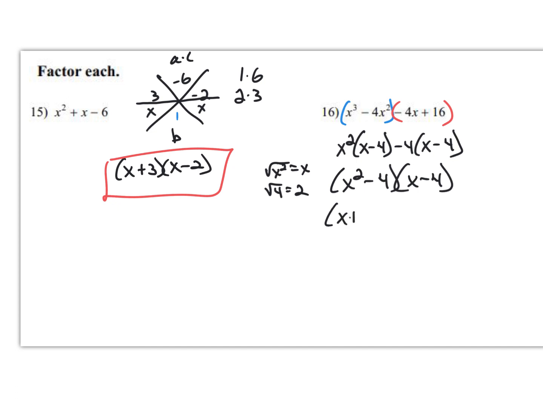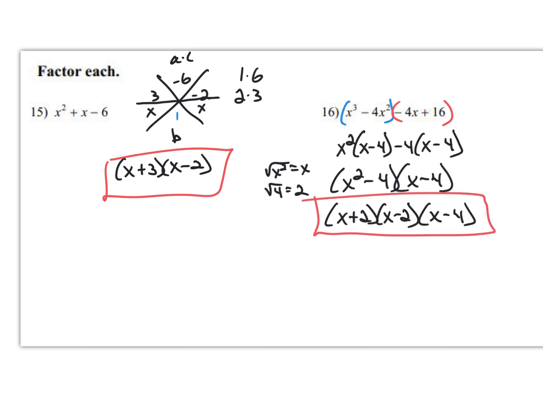So we would have x plus 2 times x minus 2 is how we factor this term, and then we have x minus 4 remaining. So x minus 4. And that is the final simplified or factored form of this expression.